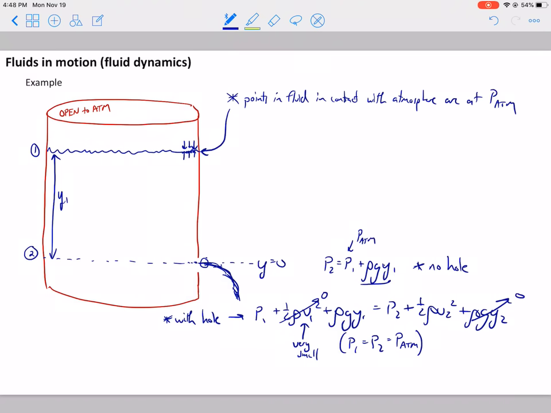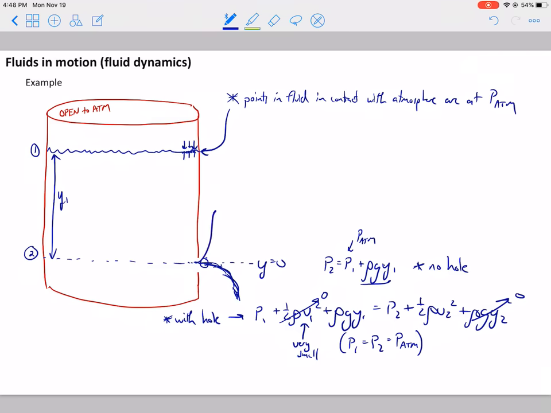It comes out perfectly horizontal. It doesn't go up this way, which means it doesn't have a higher pressure than atmospheric pressure, and it doesn't just go straight down. It's not less than atmospheric pressure. It comes out perfectly horizontal. So it's equal to atmospheric pressure at that particular point. So that means that these two terms, P1 and P2, are equal and cancel each other out.